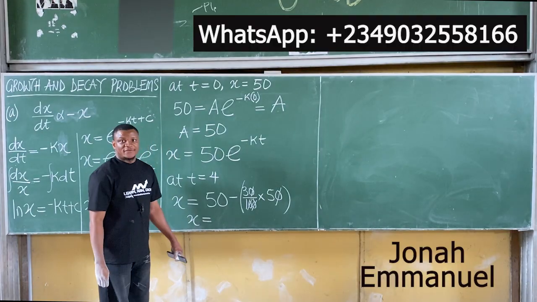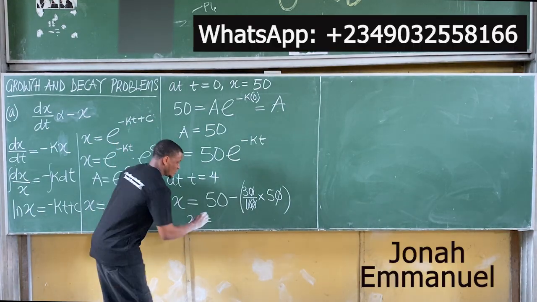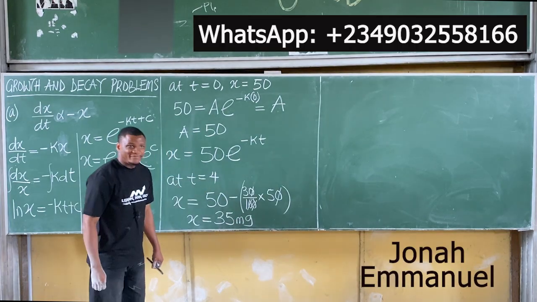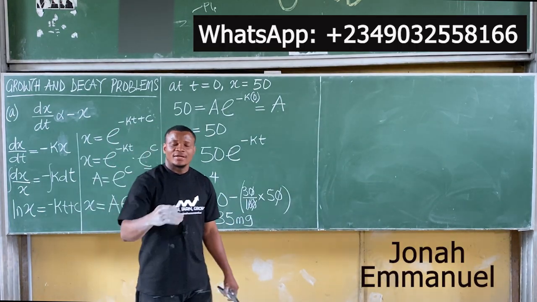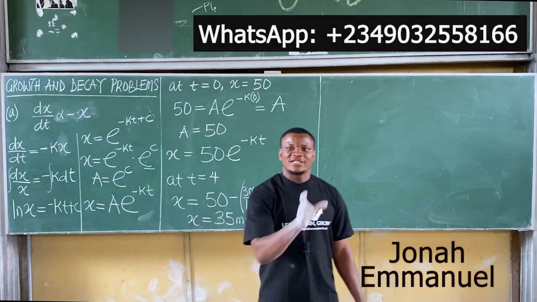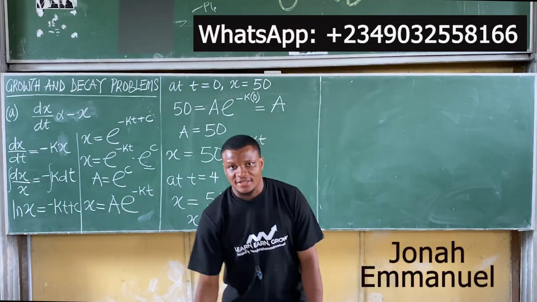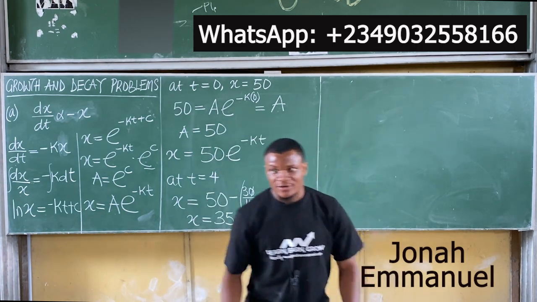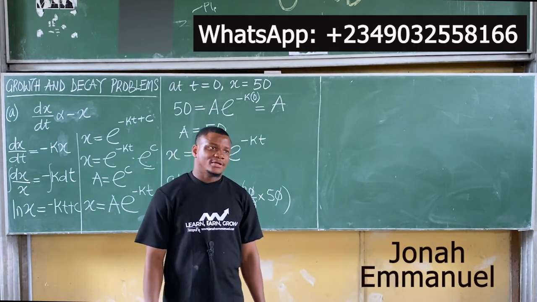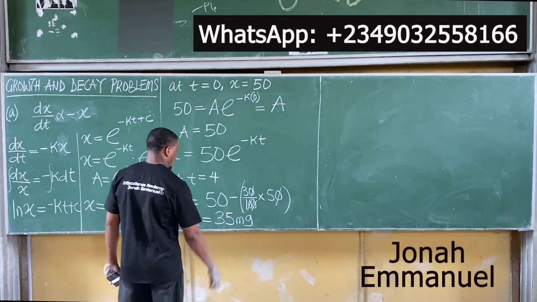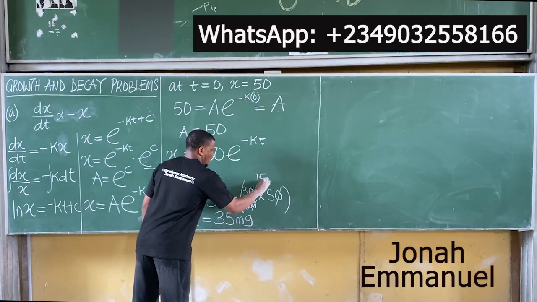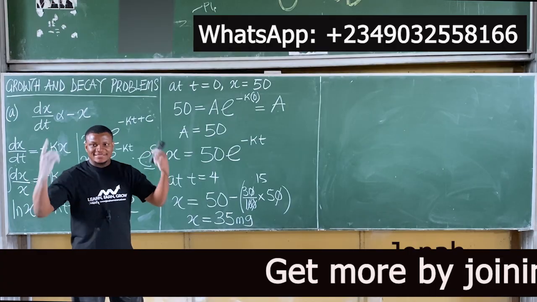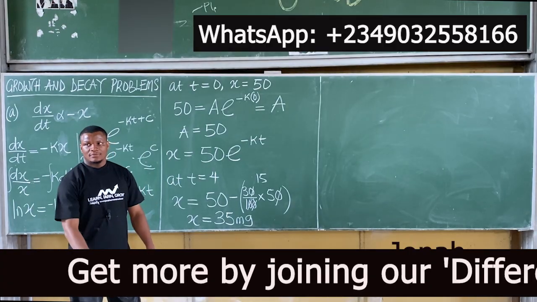So it becomes 50 minus 15, what do you have there? 35. So please, the value is not 15. The value is 35 milligram. It lost 30%, and the value of 30% is 15. It lost that amount. So it becomes the initial amount minus what it lost: 50 minus 15, which is 35. Please get your word problem mindset set.